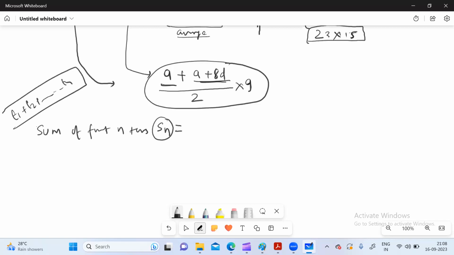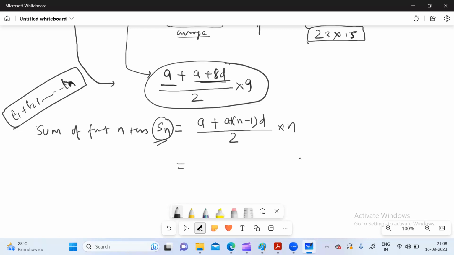Here n may have any value more than 1. So if this is the symbol for the sum of n terms, I need to find the average, which is the first term a and the nth term, which you already know is a plus n minus 1 d, and we need to divide it by 2 and then multiply it by n. So we will rewrite the same in this way.